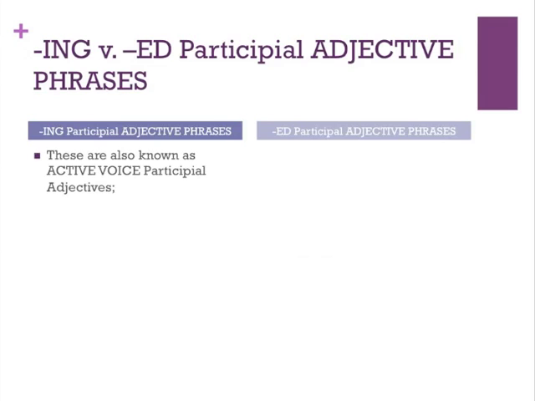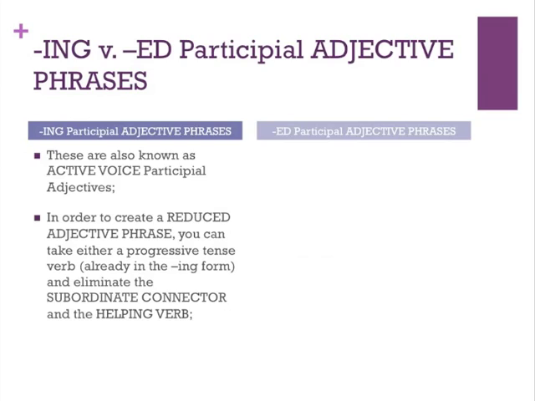So in comparing the two, as we said before, ing participial phrases are known as active voice. In order to create a reduced adjective phrase, you generally take a progressive tense verb and eliminate the subordinate connector and the helping verb. So in other words, you leave the ing participle.